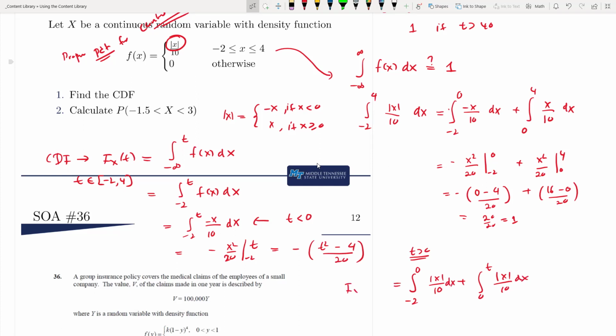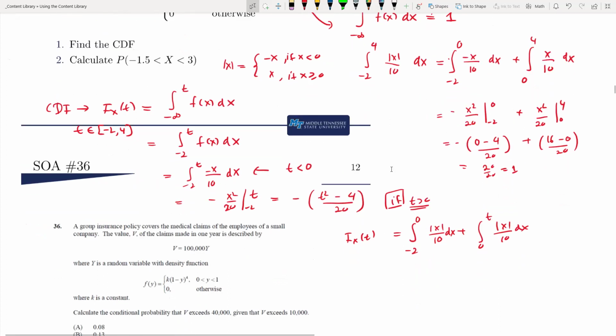This is F_X(t). So that would result in negative x over 10 dx plus, from 0 to t, x over 10 dx.